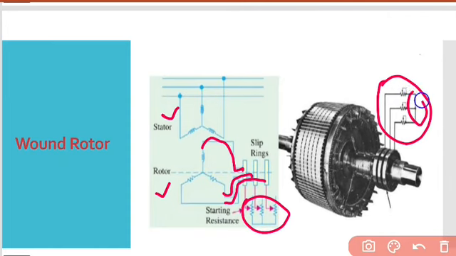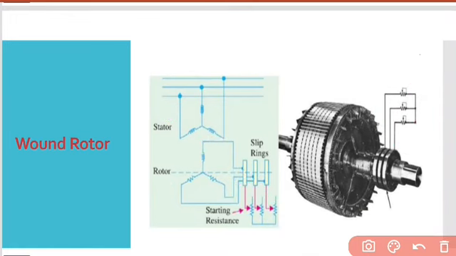So that's how this wound rotor works, and you can understand how it works through the connections in this circuit diagram.